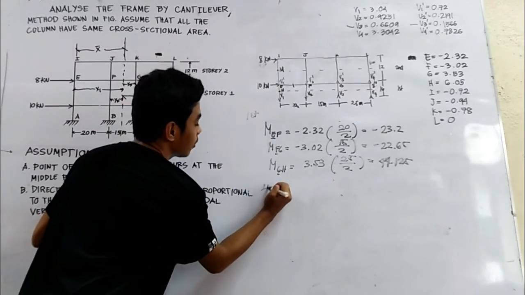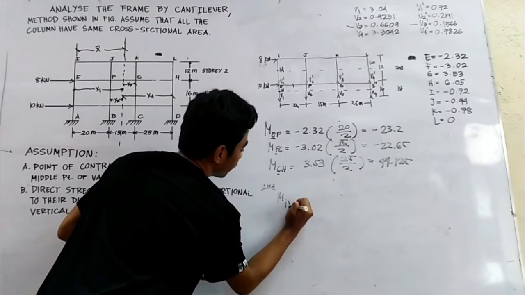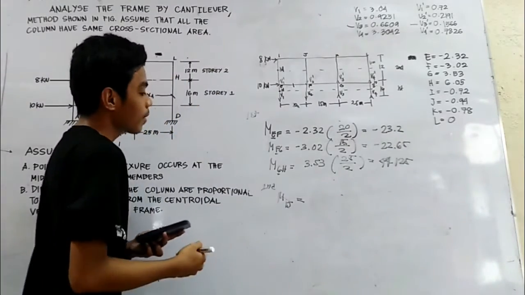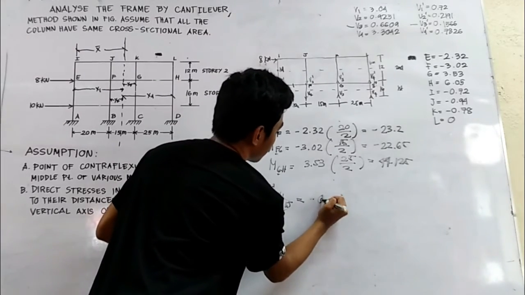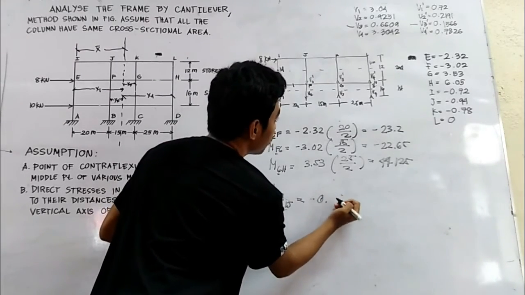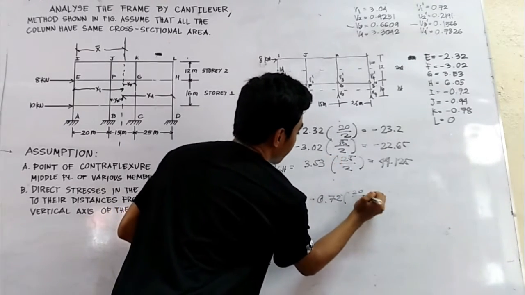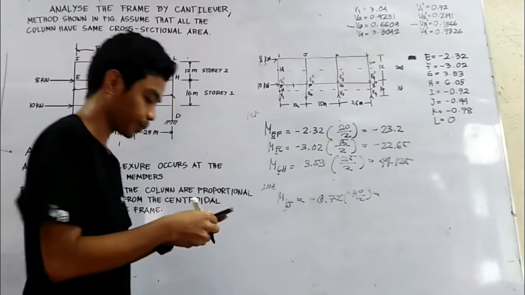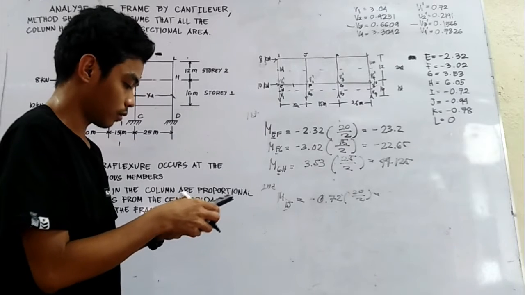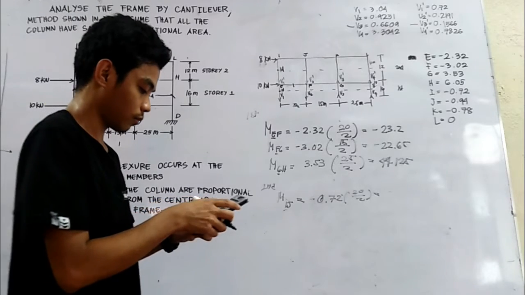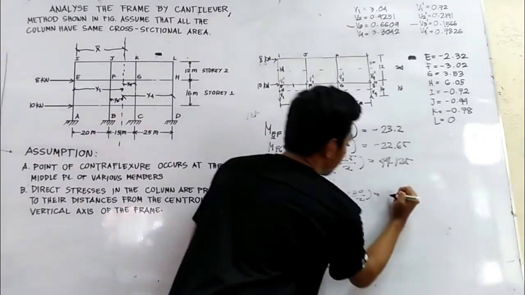Then, meron tayo sa second story natin na moment in member IJ is equal to value ng I is negative 0.72 times yung span niya na 20 divided by 2 is equal to negative 7.2.